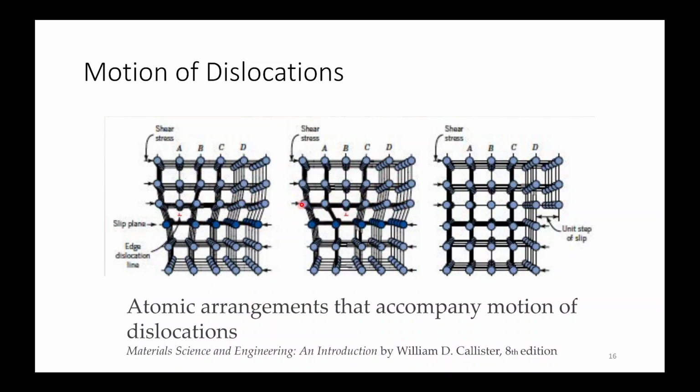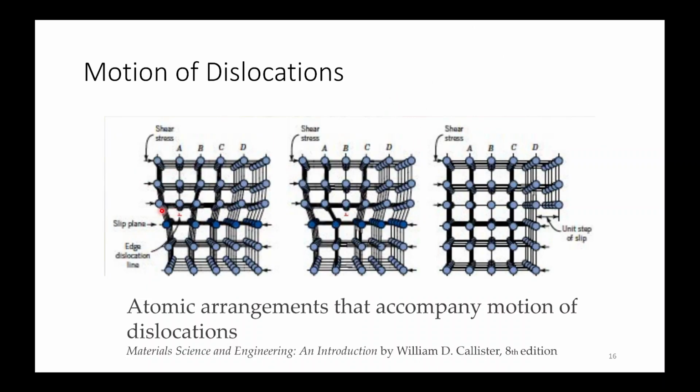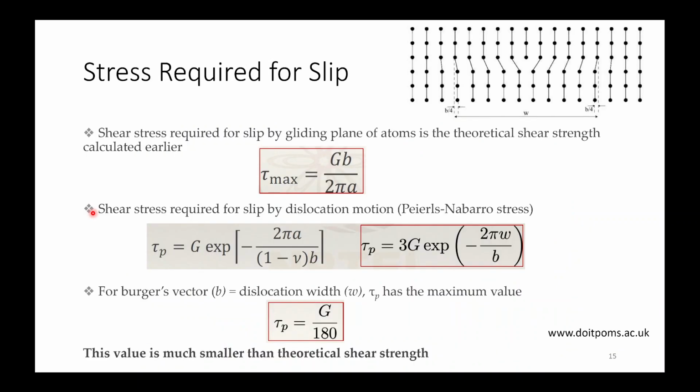These bonds and these bonds are always being formed; just one bond breaks and forms at a time. So that part won't require much energy compared to what we earlier described for theoretical shear strength. In that case we totally broke these bonds and formed an entire new row of bonds, which required a lot of energy compared to this one. So it comes out G upon 180 here, while in the other case you got G upon 2 pi. It is quite a lot lower compared to the theoretical shear strength.